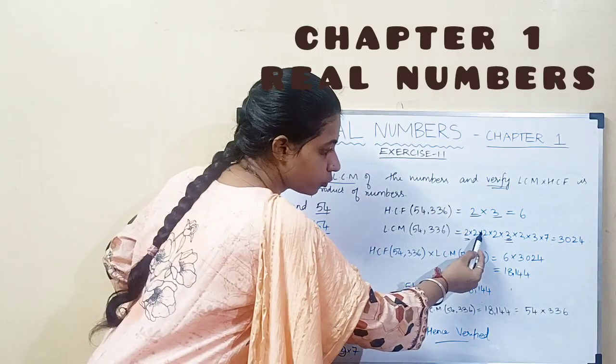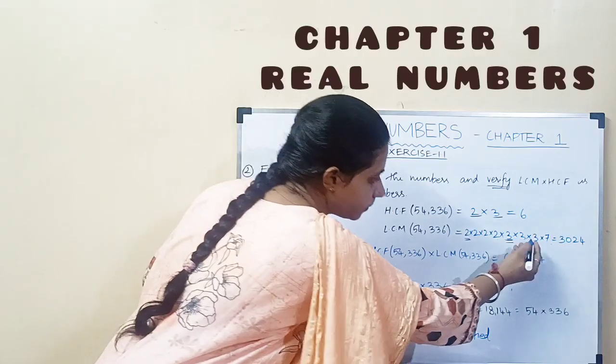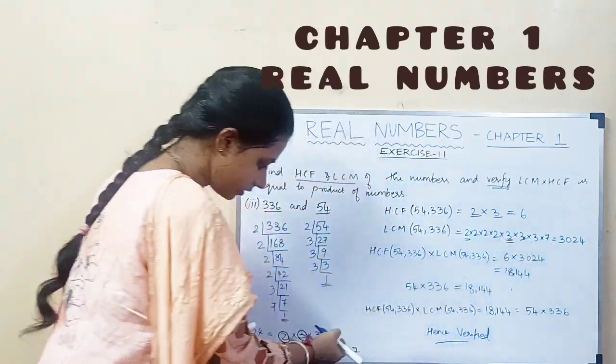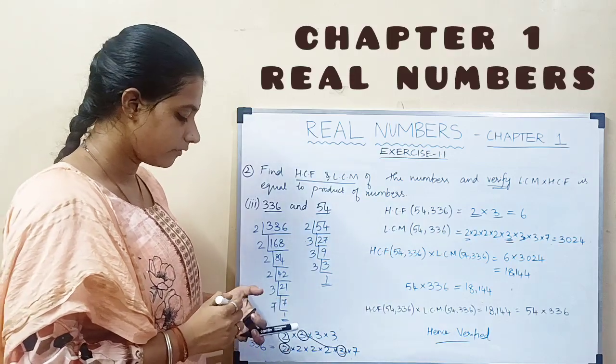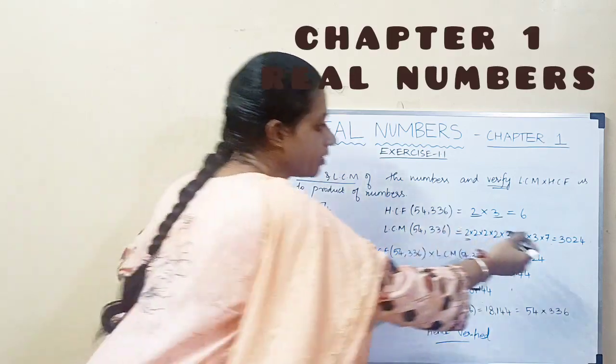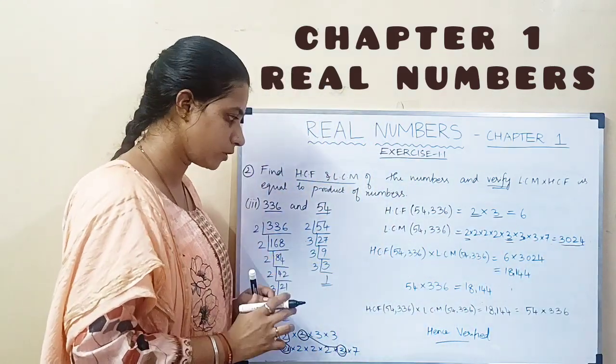So 2 into 2 into 2, and we have here 3 into 3. There is one 7 also, so that we are also taking for finding the LCM. When we get the product, the answer is 3024, which is the LCM of these two numbers.